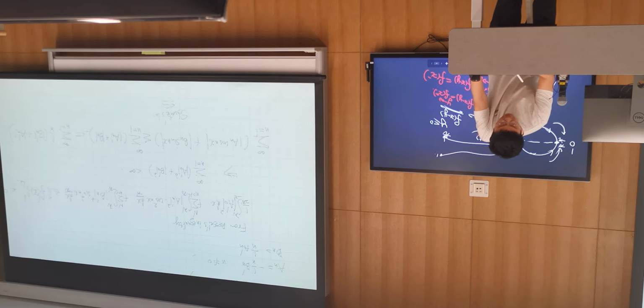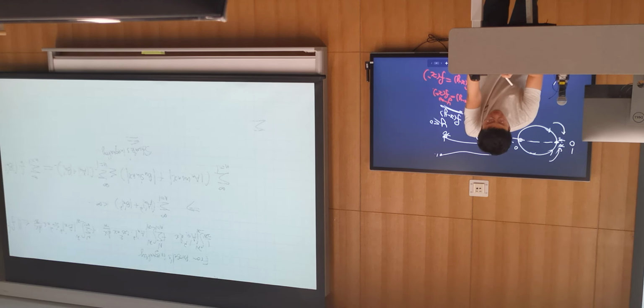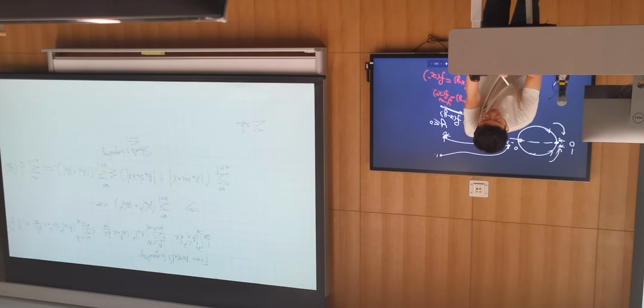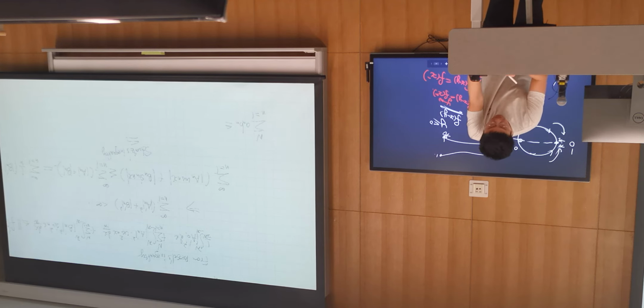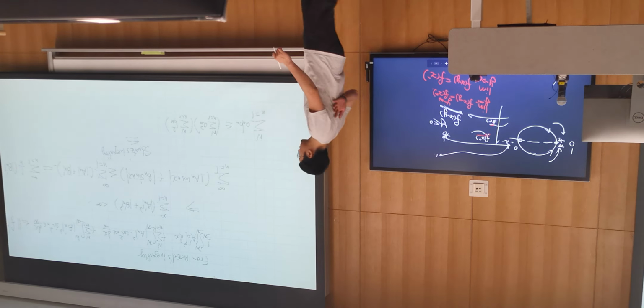The Schwarz inequality says that the sum of an bn, n from 1 to, let's say, n from 1 to n, is smaller or equal to the sum of an squared, n from 1 to n, multiplied by the sum of bn squared, n from 1 to n.